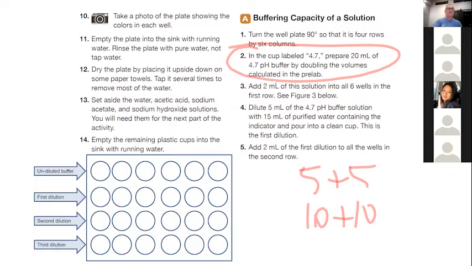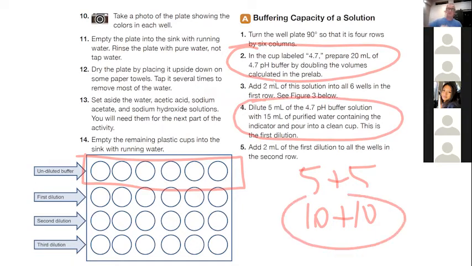Add 2 mils of this solution into the first row. So each one gets 2 mils. Then we're going to take 5 mils of this solution and dilute it 4 times by adding 15 mils of water. So that'll be our first dilution. And then add 2 mils of a 1 to 4 dilution.